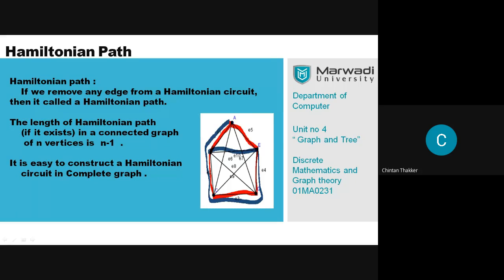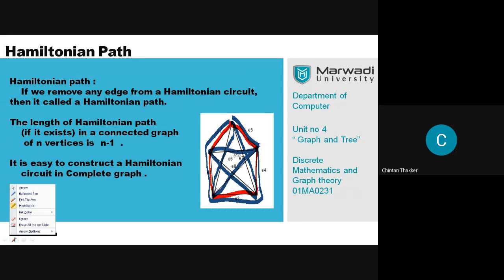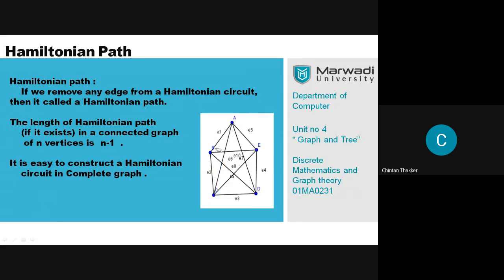So here from A to B, E1, then B to C, E2, then C to D, E3, then D to E, E4, then we use this E10 from B again, then D, then again if we go there, okay, from A, then A to C, then C to E, and then again A. So we get this closed walk.